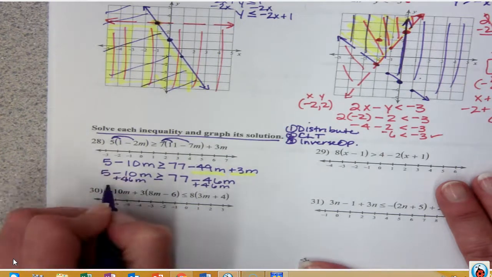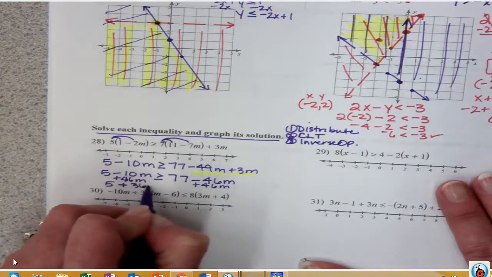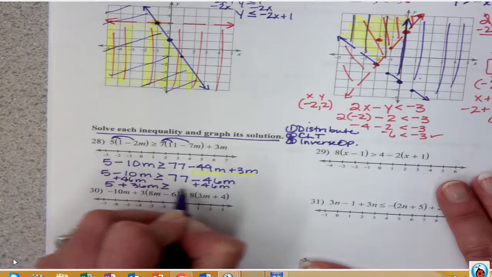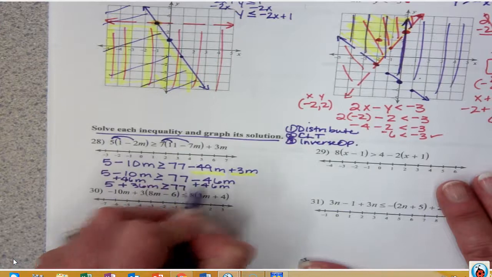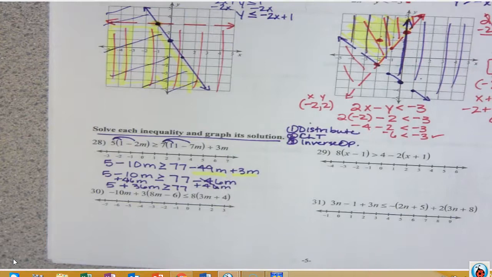And I get 5 plus 36m greater than or equal to 77, because these cancel each other out. So then, I get another piece of paper.